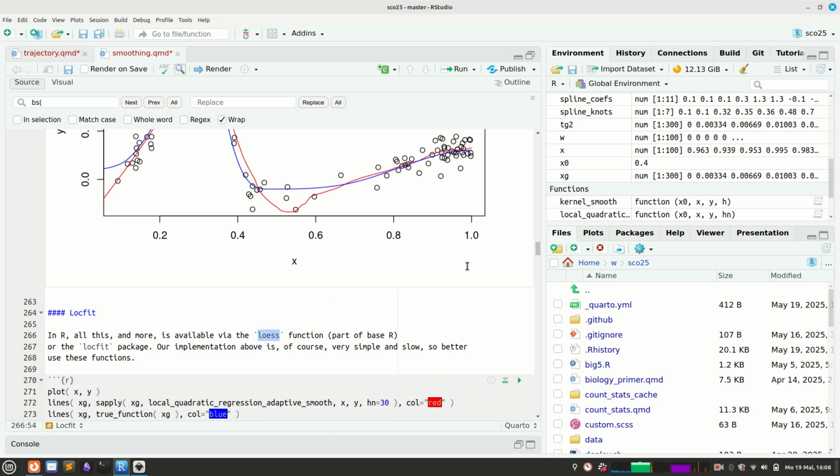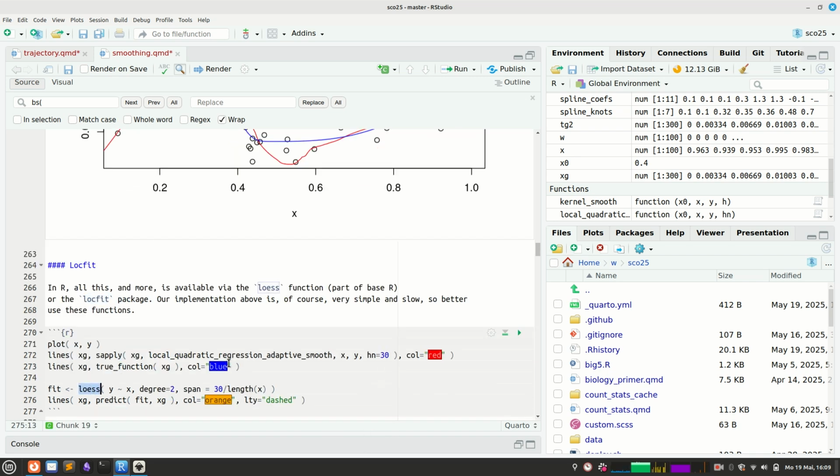There's a function called lowess, which is always part of R, and there's a slightly improved function called locfit, which has a lot of extra functionality. And here I call this lowess function to do the same as my local quadratic regression.